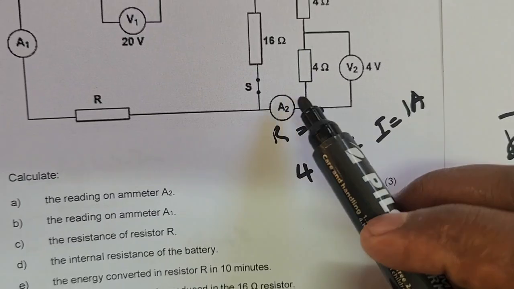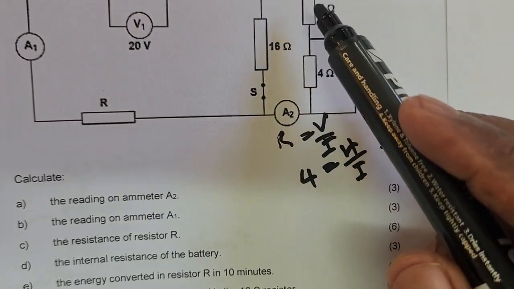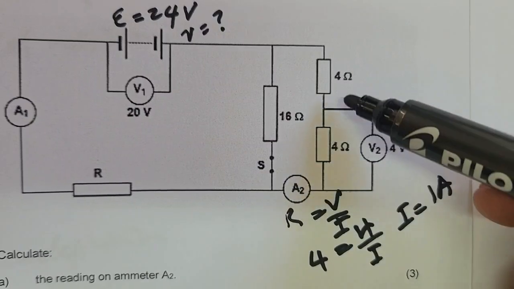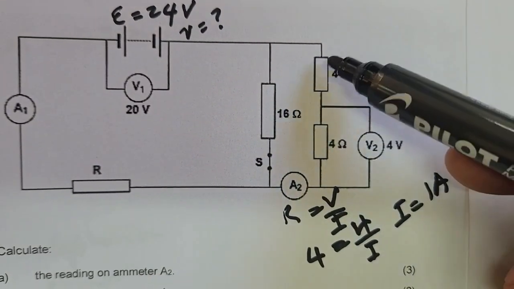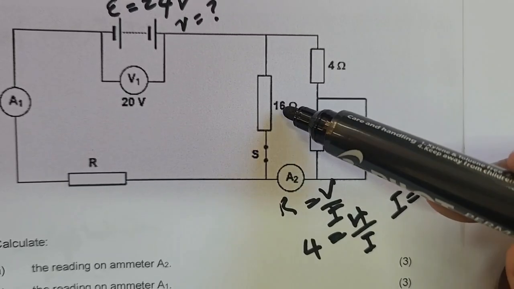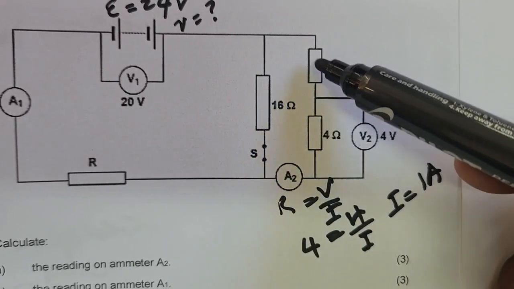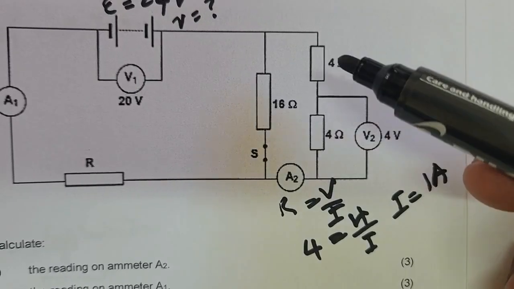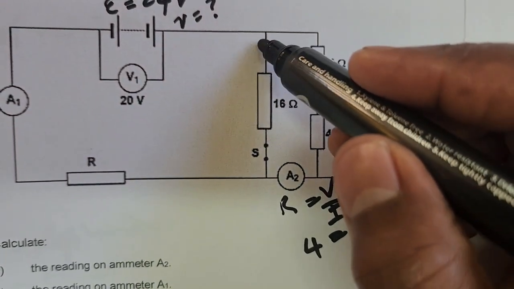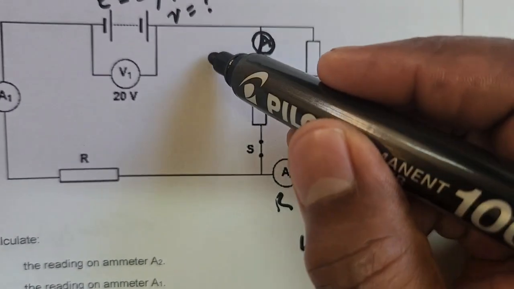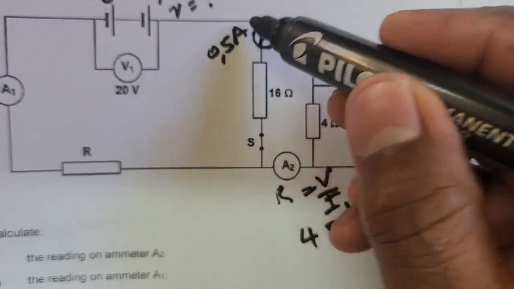Fine. If this one is 1 ampere here, we can now use logic, proportion. The current through the 4 ohm is 1 ampere. When we double the resistance, this is 8. When we double the resistance, what happens to the current? The current is halved. Therefore, if I connect the ammeter here, that ammeter will read 0.5 amperes.